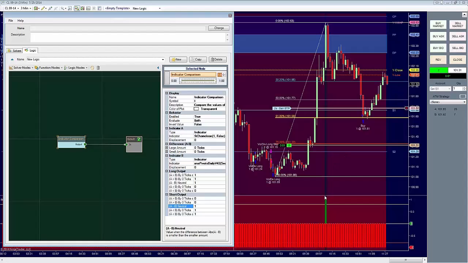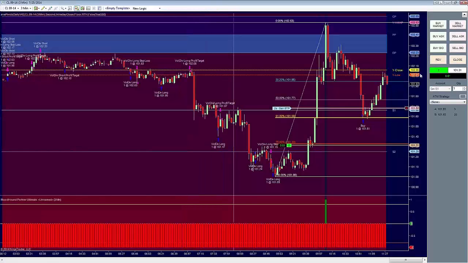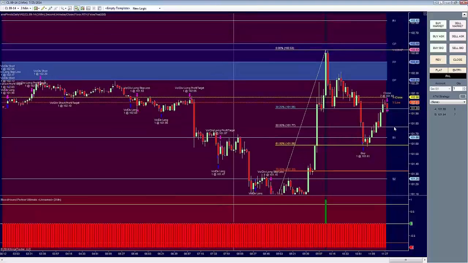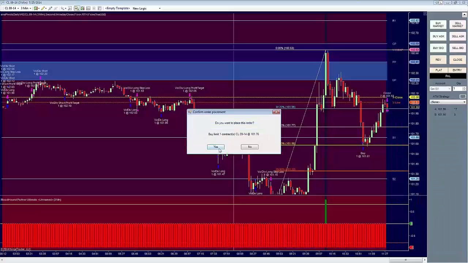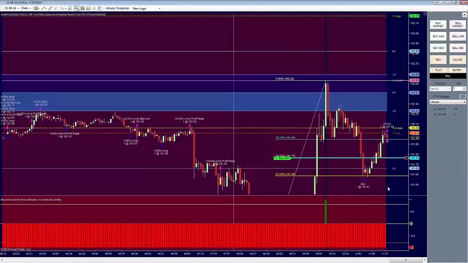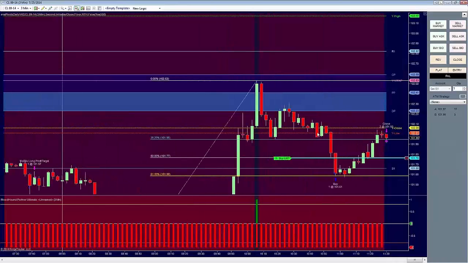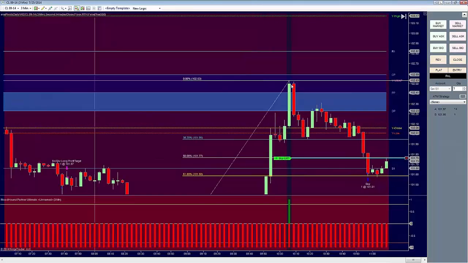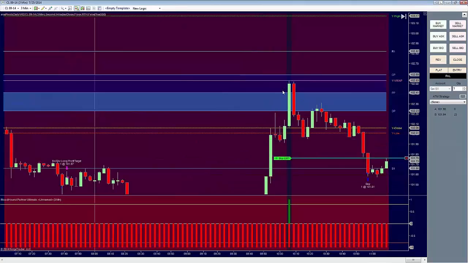You see that? So now we get both a long and a short because the high is actually equal to that line. I'm going to take that off right there. So the high is actually equal to that line right there. Let me get rid of this.